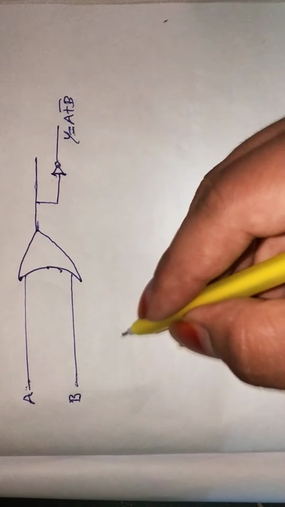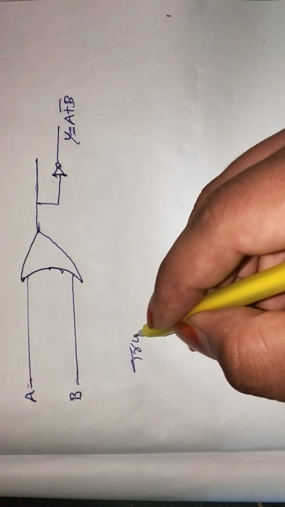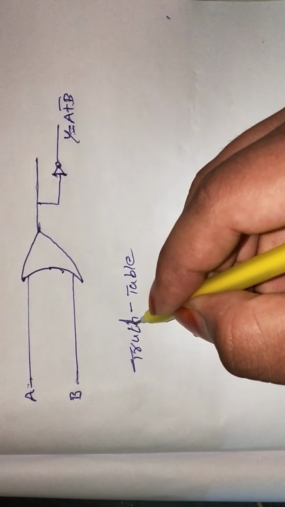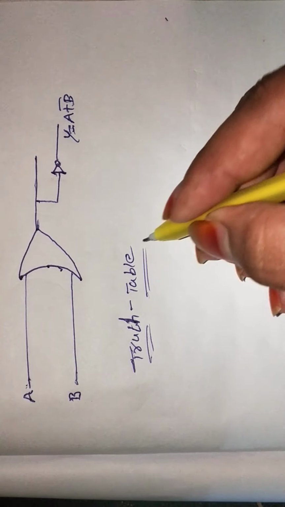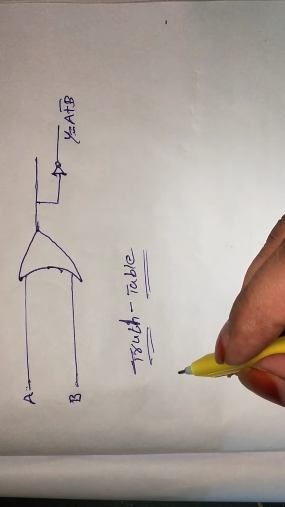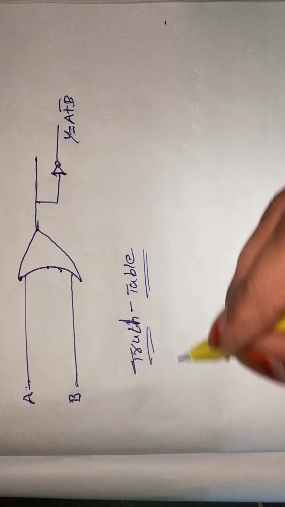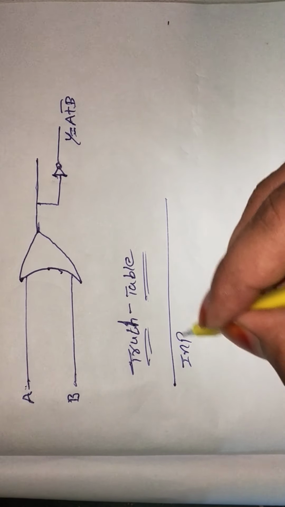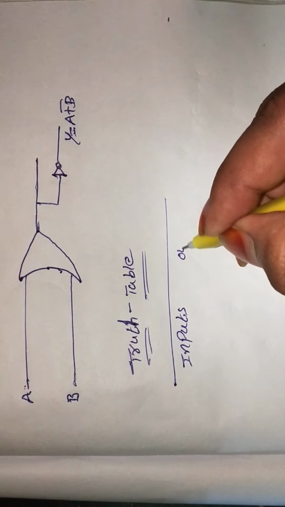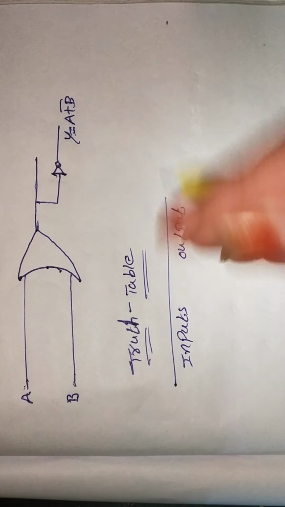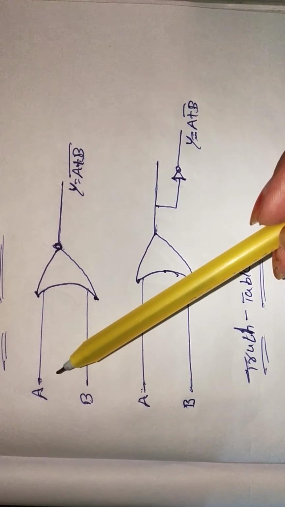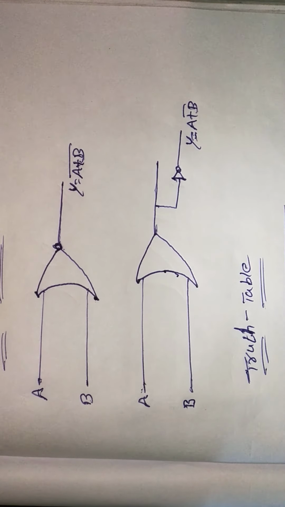Truth table of NOR gate. In this truth table we contain inputs and outputs. Above in the logical symbol we take two input variables.